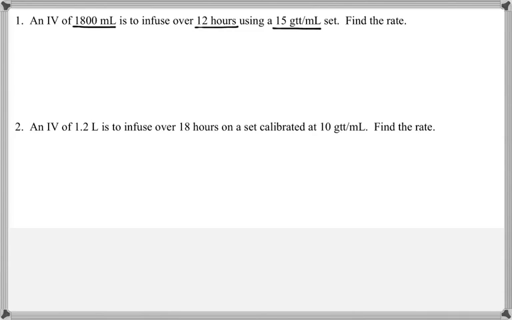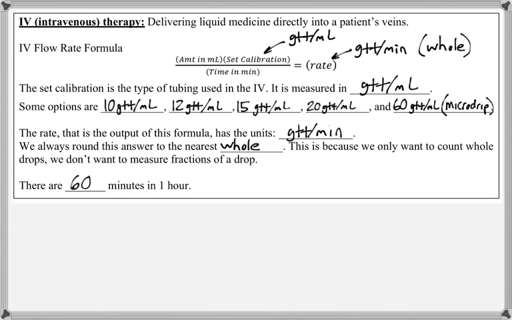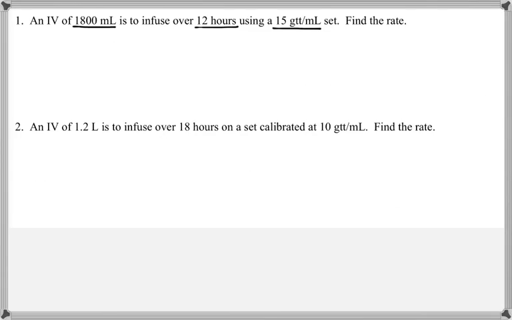Now everything's good here except for the hours, because in the formula it specifically has to be in minutes. So I need to convert this to minutes. So 12 times 60 is 720 minutes.